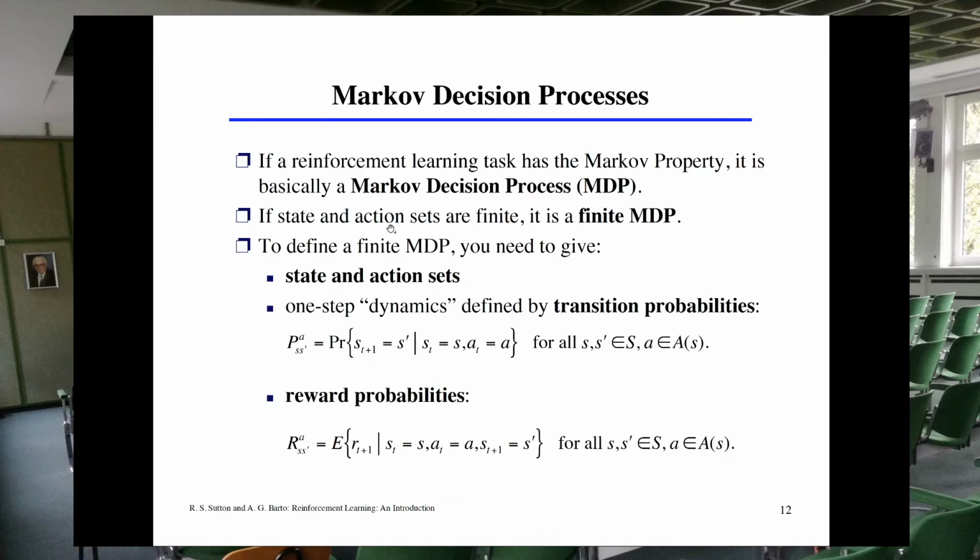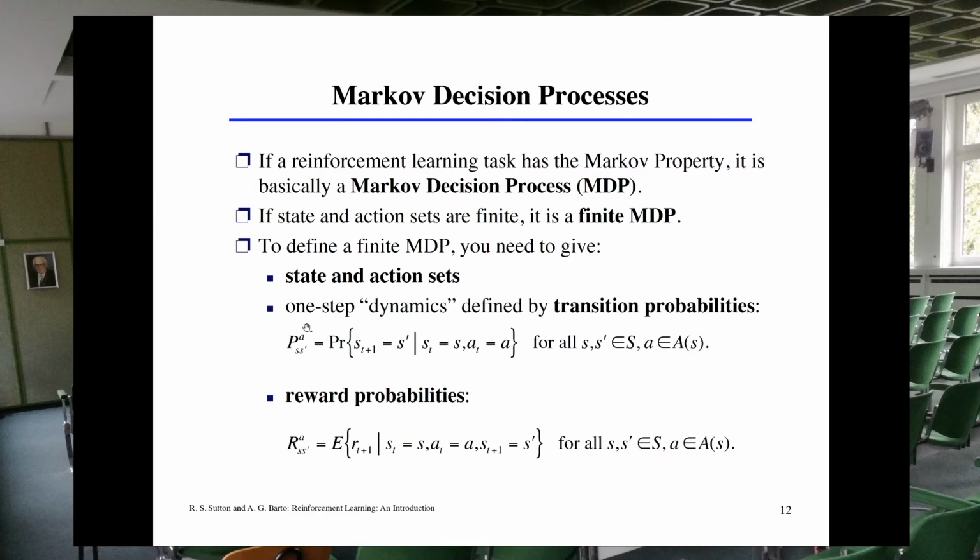So here we will be talking mainly about finite state spaces and finite action sets, but these methods can generalize, making changes, of course, to problems with an infinite number of states and actions. To define a finite MDP, you need to give the sets of states and actions that the agent will perceive and the actions that the agent will have available to be executed.